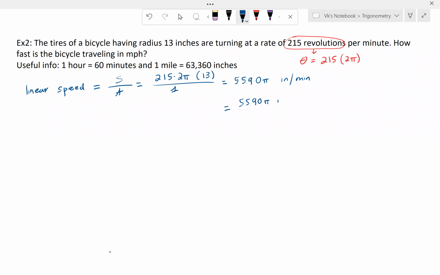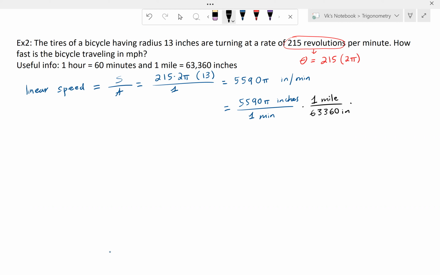5590 pi inches over 1 minute. Now we're going to convert inches to miles. 1 mile is exactly 63,360 inches.